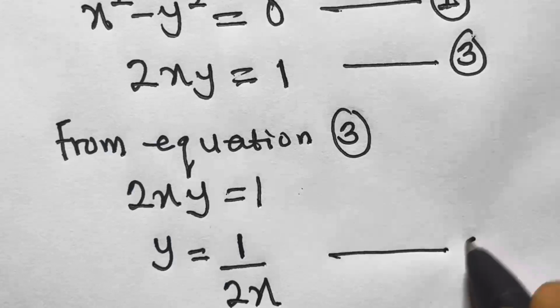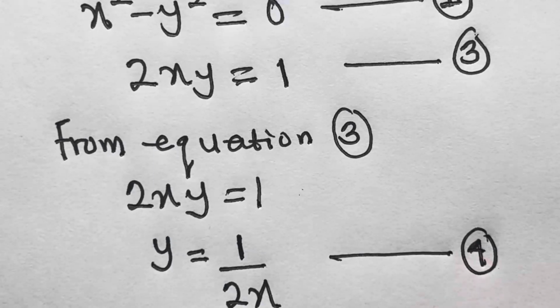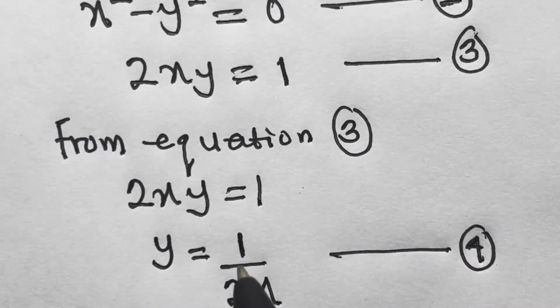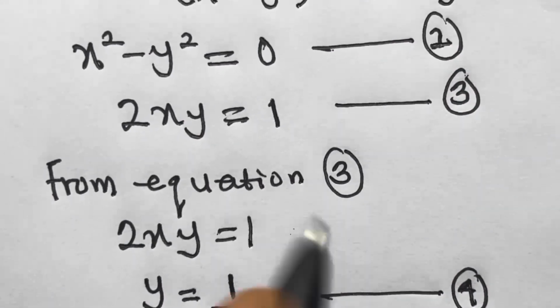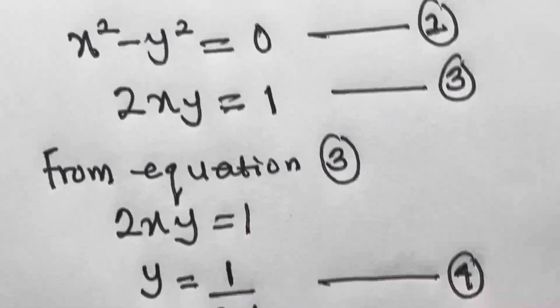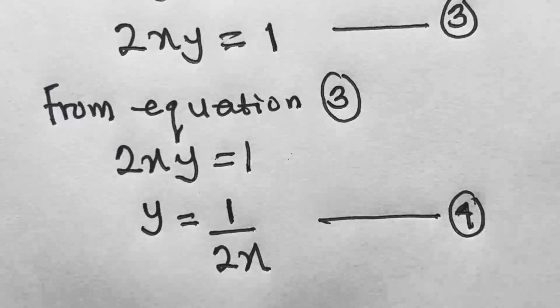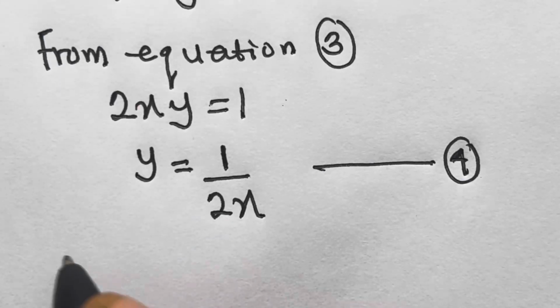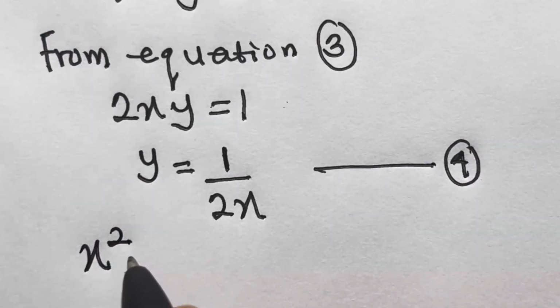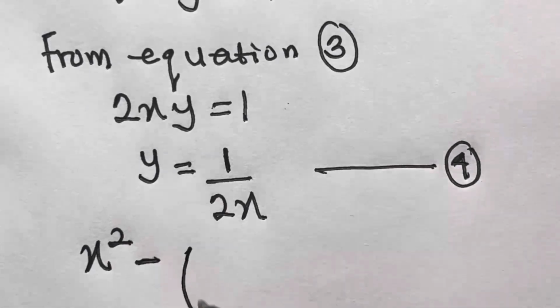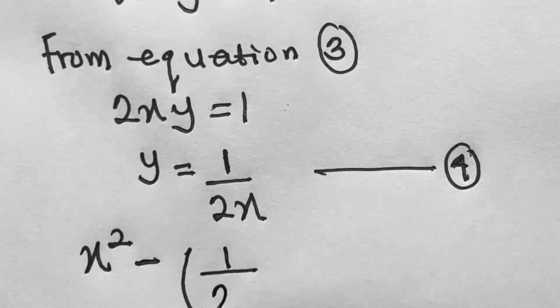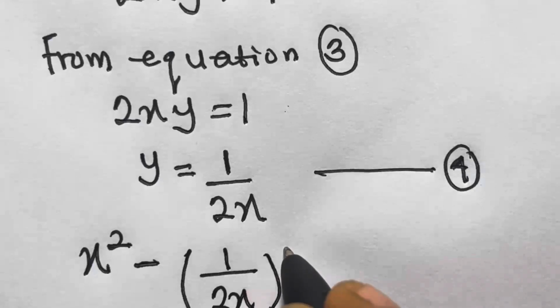Let's number this equation 4. If y equals 1 divided by 2x, then our equation 2 becomes x squared minus y squared, so minus 1 divided by 2x, squared.